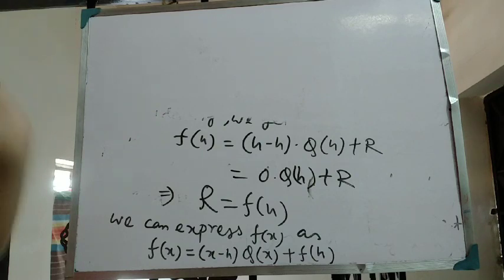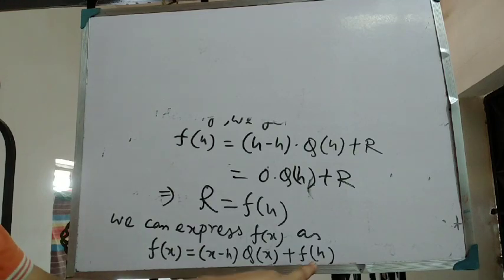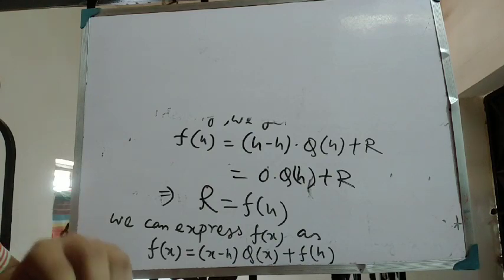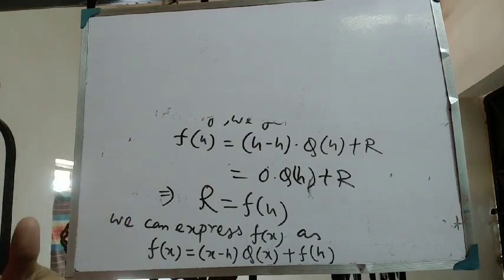Corollary of the theorem. So the factor theorem statement is slightly different. I have already told you, if the remainder f(h) becomes 0, then x minus h can be said to be a factor of f(x), but its statement has an opposite line.